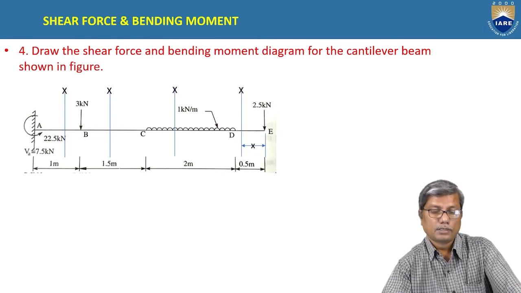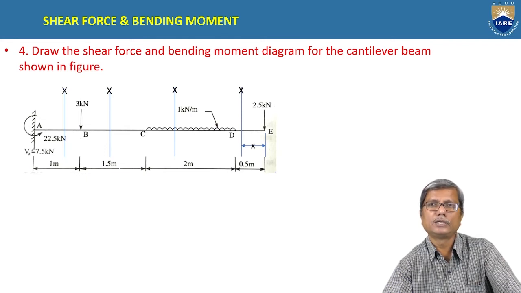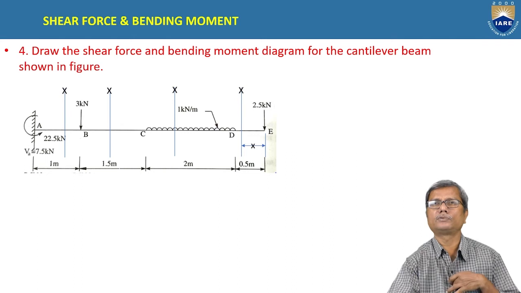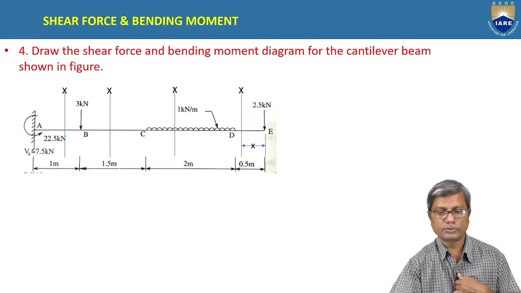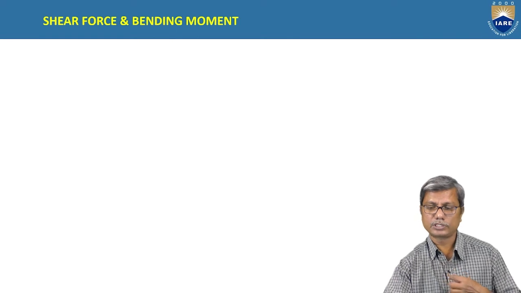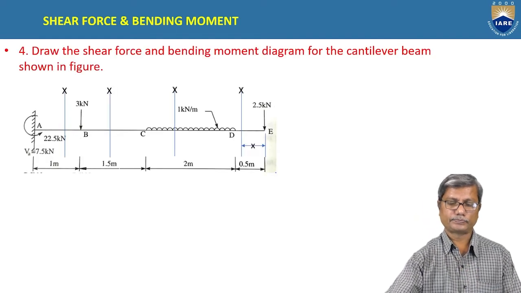And at C, that is the end of UDL, there is a change of loading again. So from C to B, you need to consider one section where the point load is acting. Between A and B we consider one more section. So totally we consider 4 sections in this case.